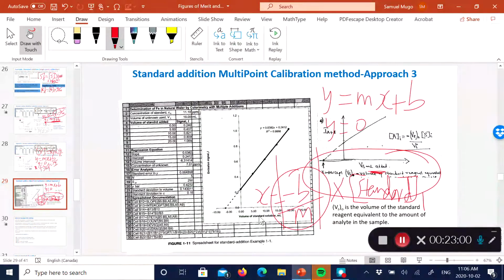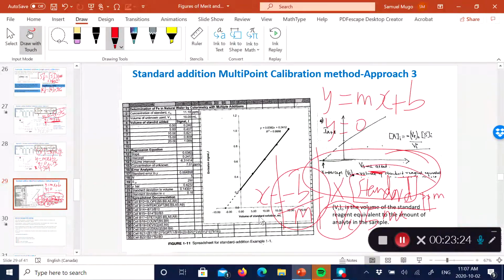Remember, this one is going to be in concentration units, maybe ppm, but then again divided by the volume of the unknown that you added in each of the volumetric flasks. So the volume that you initially added, in the problem I gave before, that volume was 5 mL. So as simple as that.